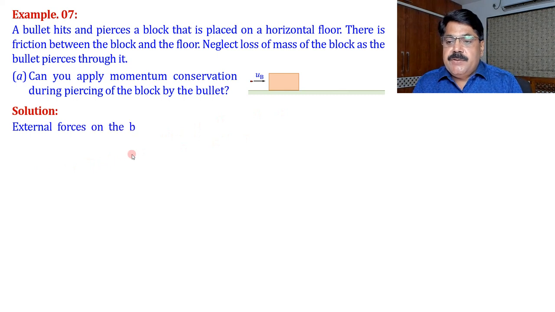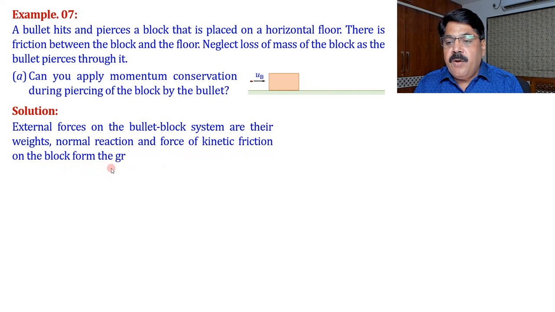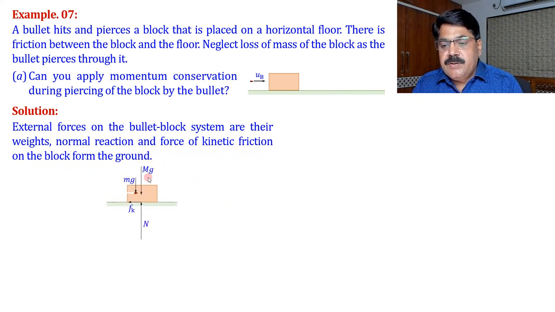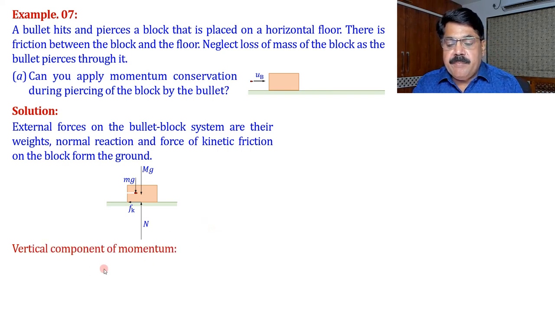External forces on the bullet block system are their weights, normal reaction, and force of kinetic friction on the block from the ground. So these are the external forces: the weight of bullet plus weight of the block plus normal reaction of the ground and this friction. So what can we say about the vertical component?